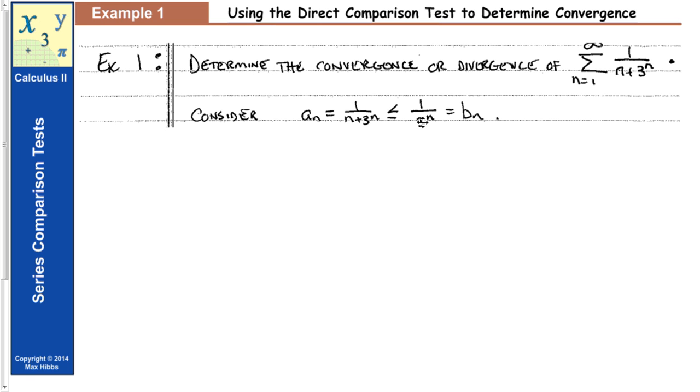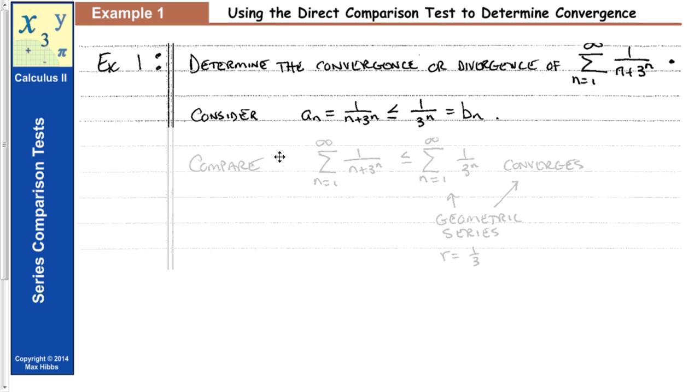And if the denominator is smaller, then the fraction is bigger. That is, as long as the numerator isn't changing. So the numerator is constant, and the denominator is smaller, so the fraction is bigger. So that's the reason I want this to be a sub n's, because these are all smaller than these. So these are my a sub n's, these are my b sub n's.